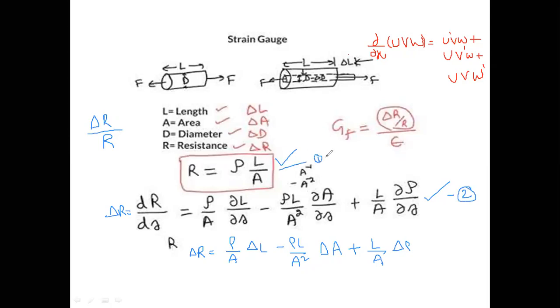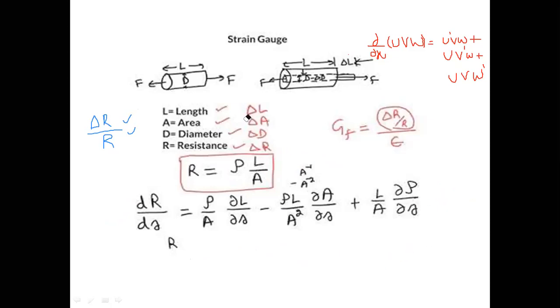So 2 by 1. Delta R by R means 2 by 1. So divide equation 2 with equation 1. This is equation 1. Okay. I will take red color because it is visible clearly. So delta R by delta S by R, I am writing directly.